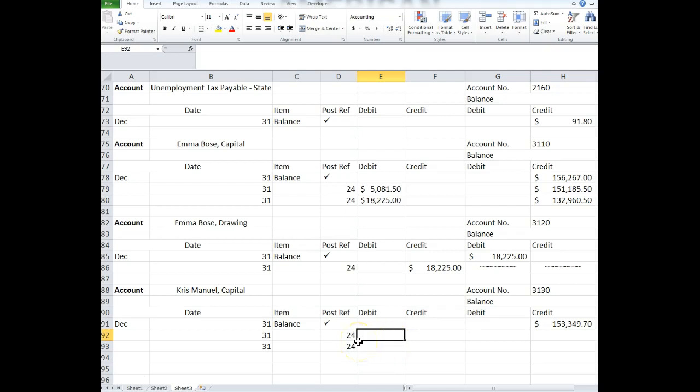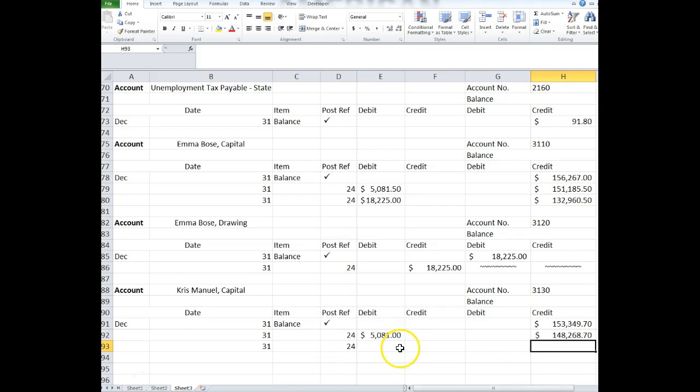Okay, if they're partners and they both own 50%, we're going to do the same thing we did up above. Does that look right?